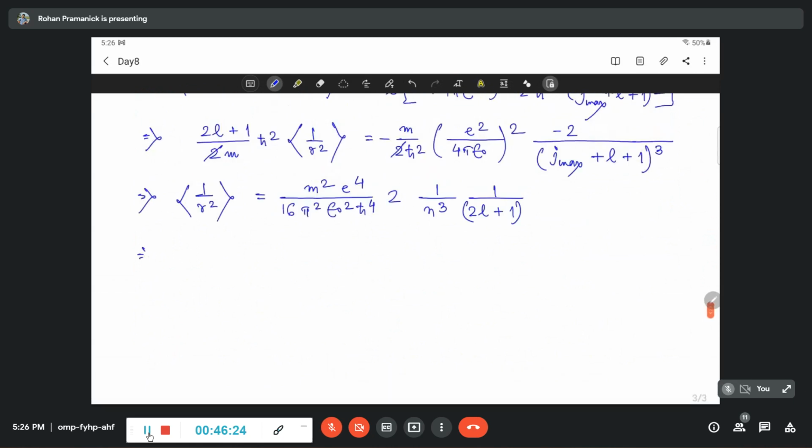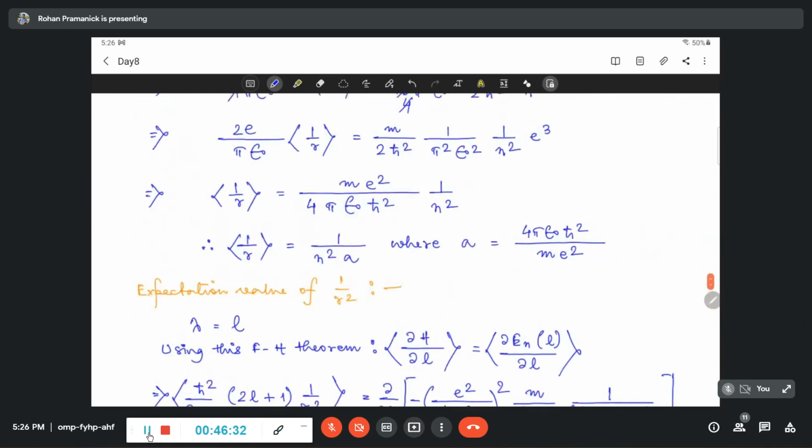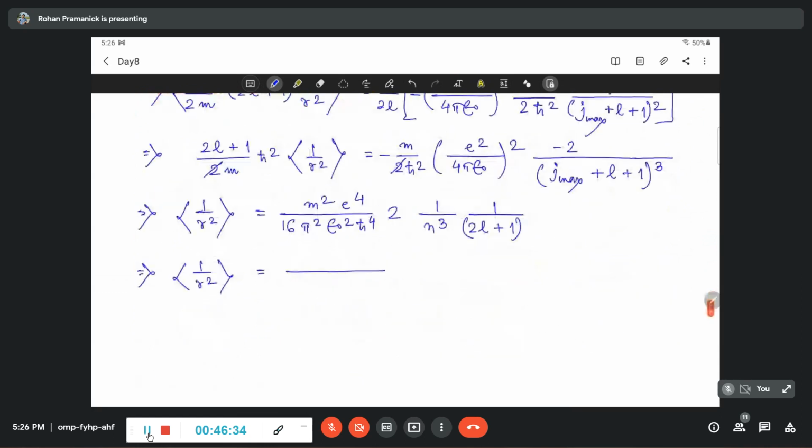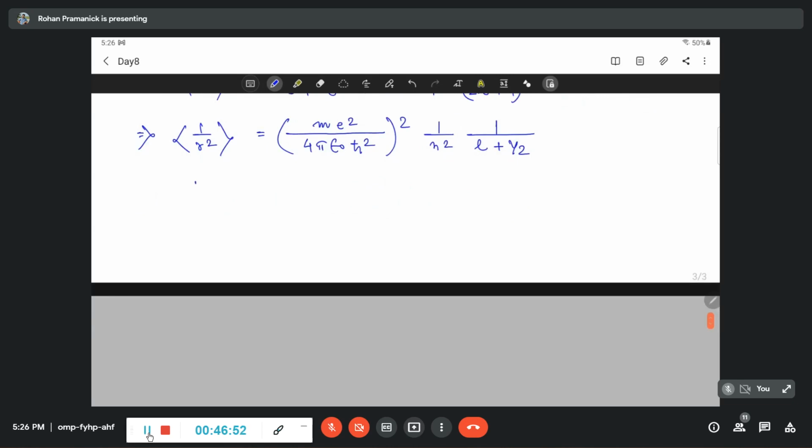And then you can see that this is 1 by r squared, and this total thing can also be expressed. So let's 4 pi epsilon 0 h cut squared. Okay, so this is 4 pi epsilon 0 h cut squared, and this is m squared, and this is also squared. 1 by n squared, and I divide it by 2 so that it becomes L plus half. And now you get the answer what you are looking for.